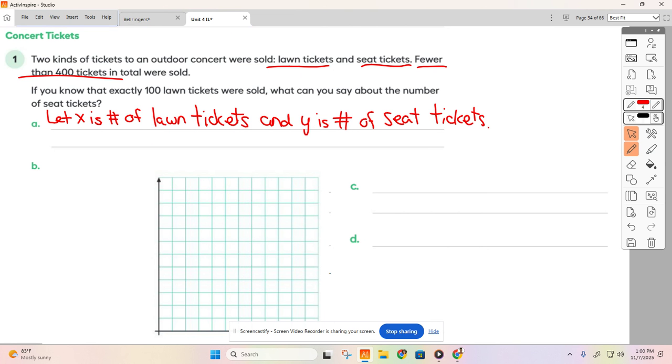So you should be writing that in part A. X is the number of lawn tickets. Y is the number of seat tickets.